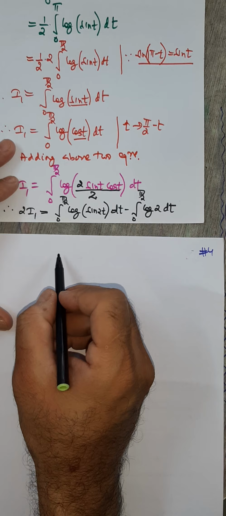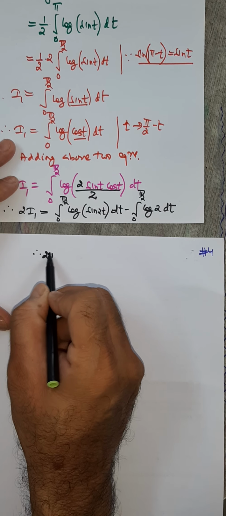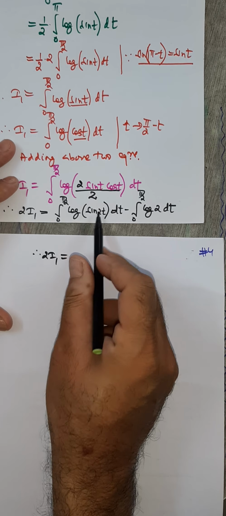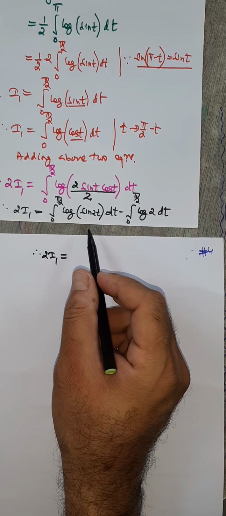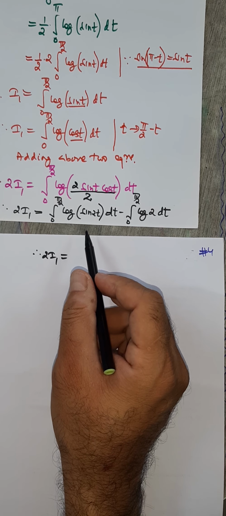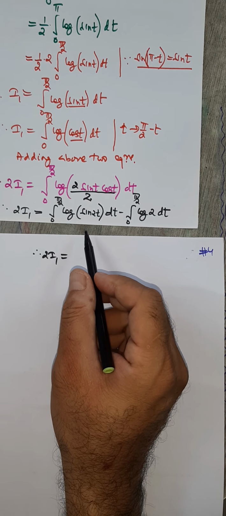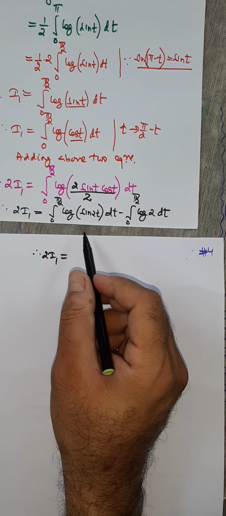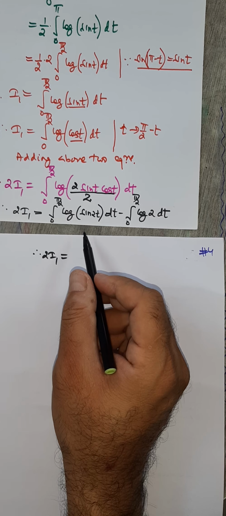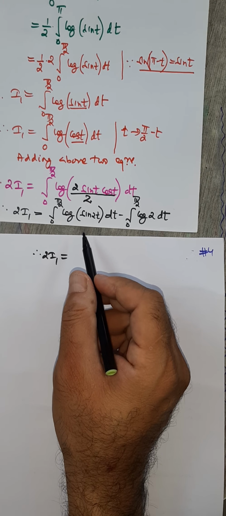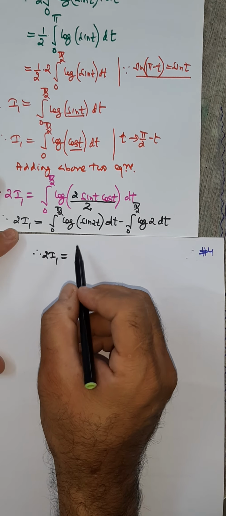Now, therefore 2I1 equals to, you know how to handle the first one. In fact, it is nothing but, if you just go back to earlier equation, it is I1.